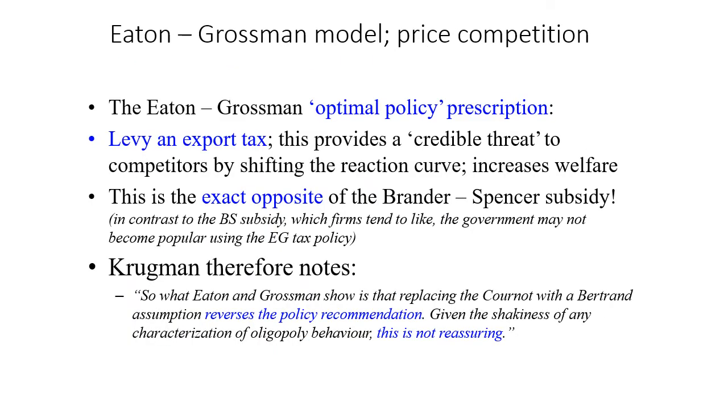So what we've seen from the Eaton-Grossman model is that the export tax is the optimal policy prescription, and it leaves a very visible, credible threat to competitors as it allows the reaction curve to shift and also ultimately leads to increased welfare. This is a bit different from the Brander-Spencer subsidy. The idea with the Brander-Spencer subsidy is that you, in a sense, are giving money to a firm, and that is allowing that firm to become more profitable.